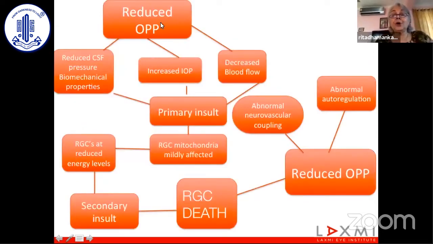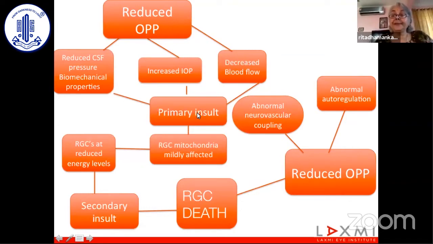Now, the reduced ocular perfusion pressure is because of many things. You can have a reduced CSF pressure because of the biomechanical properties. You can have an increased intraocular pressure. You could have a decreased blood flow, all of which could result in a reduced ocular perfusion pressure. All of this leads to a primary insult.